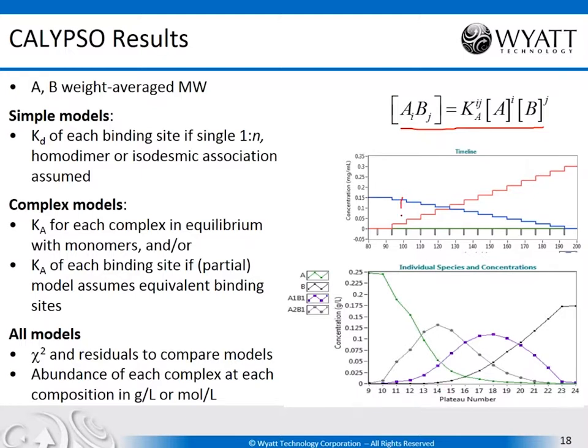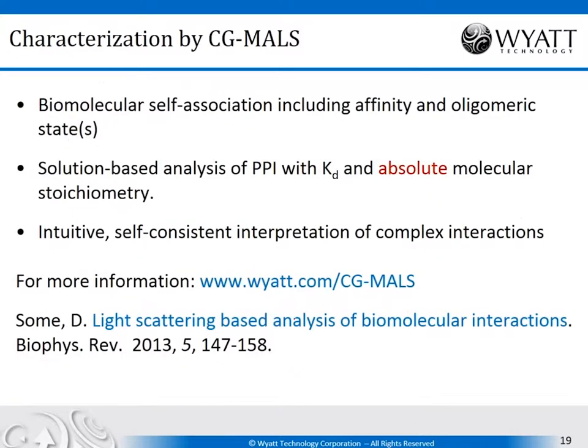For instance, at this particular composition was the concentration of free monomer of A, of the 2-to-1 complex, and here of the 1-to-1 complex. And actually you can see that there's very little free monomer of B under this particular condition. But if you go to the central plateau over here, then we can see that we have large amounts of the 1-to-1 and 2-to-1 and small amounts of remaining free monomer. So all this information is provided in the analysis.